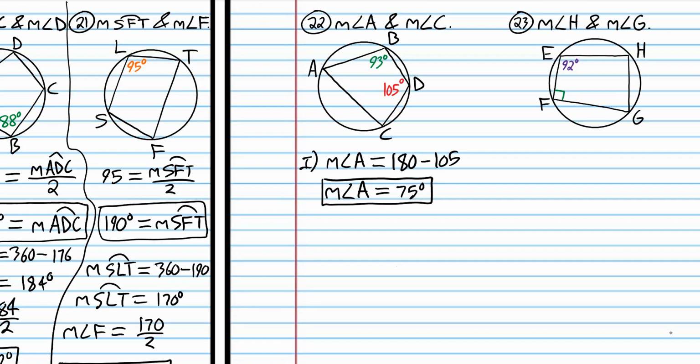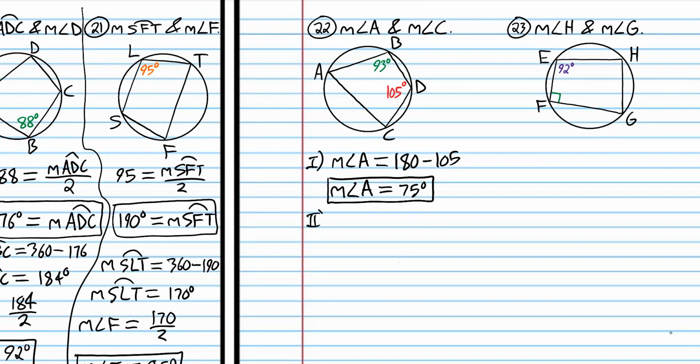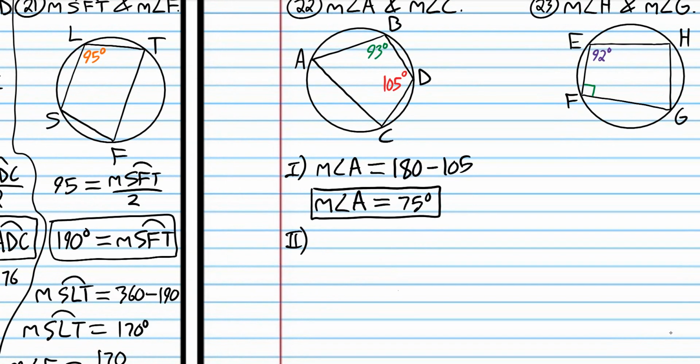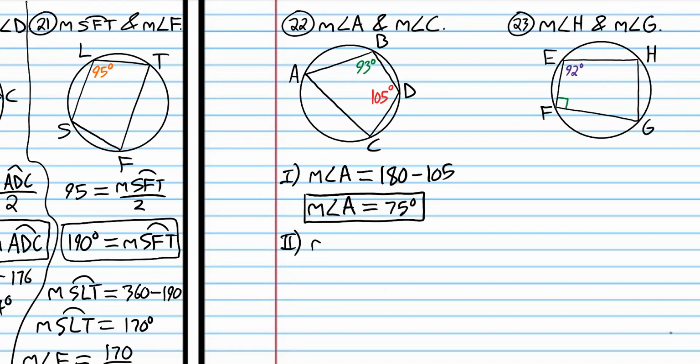I probably should have used Roman numerals on the previous problem. And of course, for the measure of angle C, you use the same situation. It's just 180 minus 93, because again, these are opposite angles, and like I said, they turn out to be supplementary. So 180 degrees minus 93 is 87 degrees.